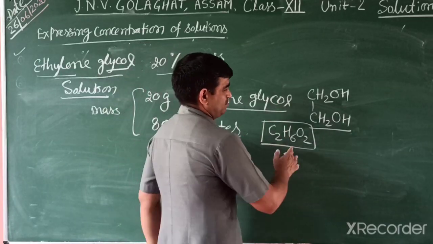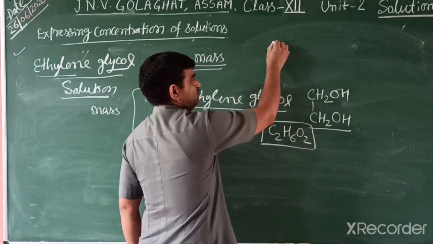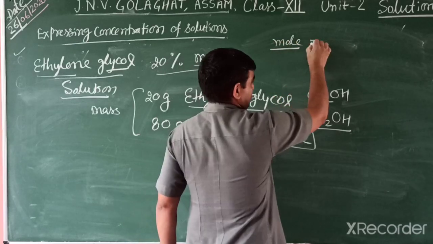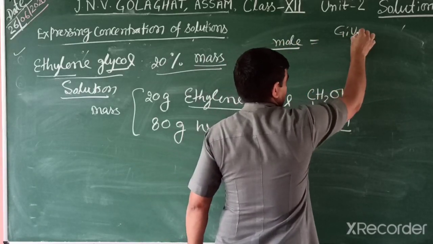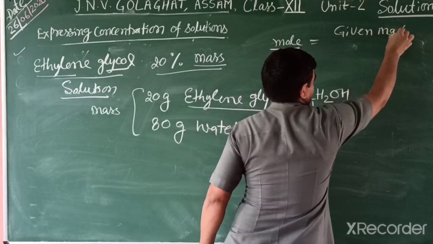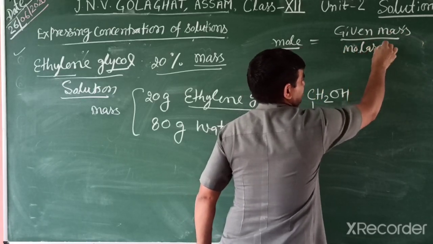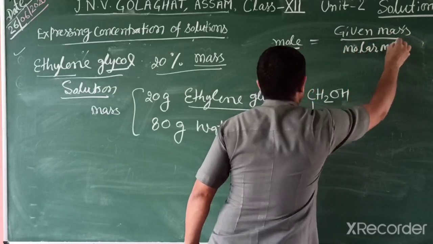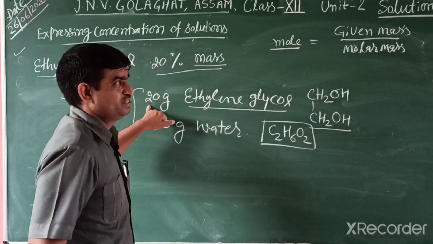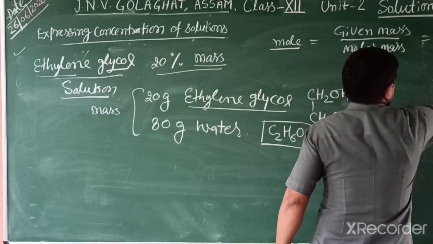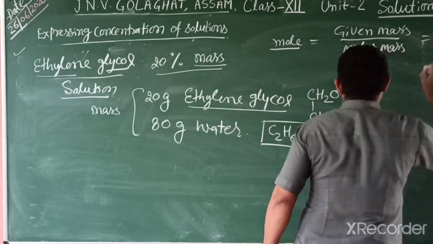Why do we identify molar mass? Because we want the mole of ethylene glycol, which is given mass divided by molar mass. The given mass is 20 gram, but how can we identify the molar mass?